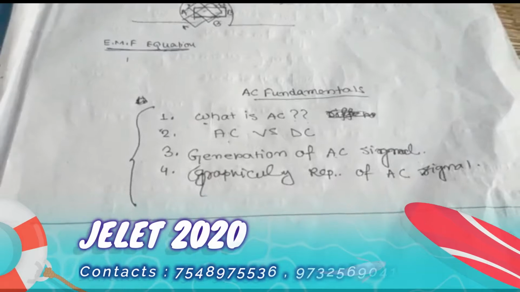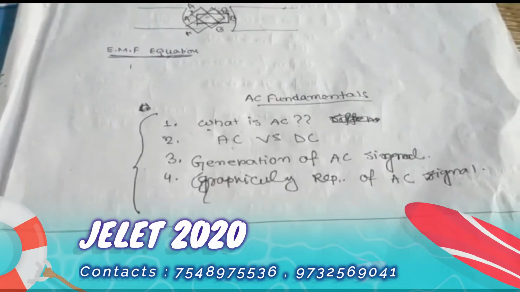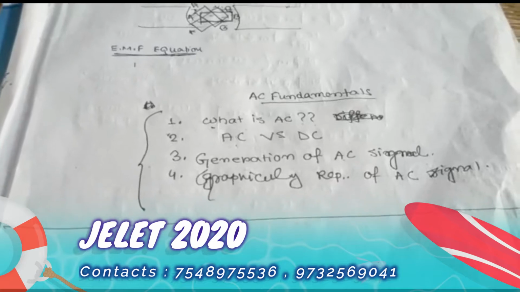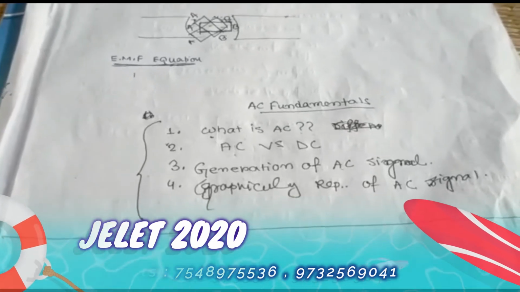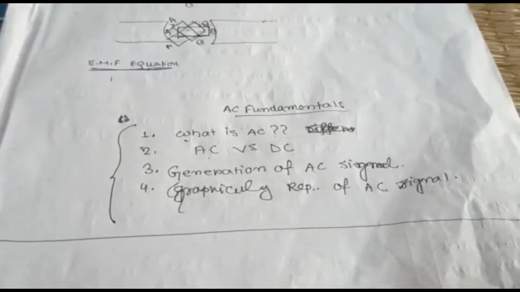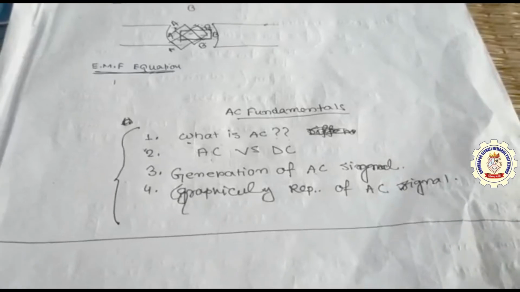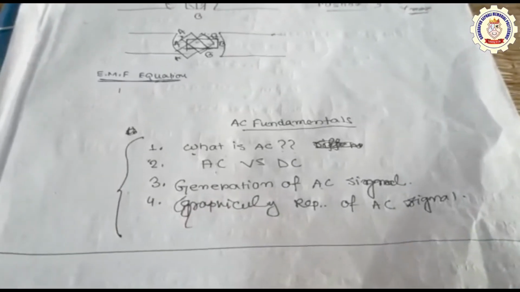And we also learned how to generate an AC signal, that means how to generate a single phase AC signal, the generation of AC signal and graphical representation of AC signal. We have already covered that in the last video.